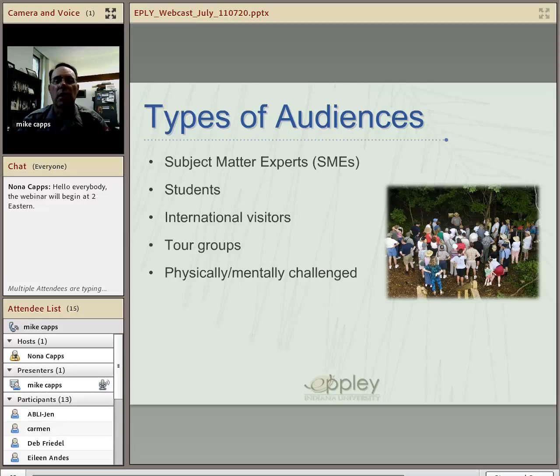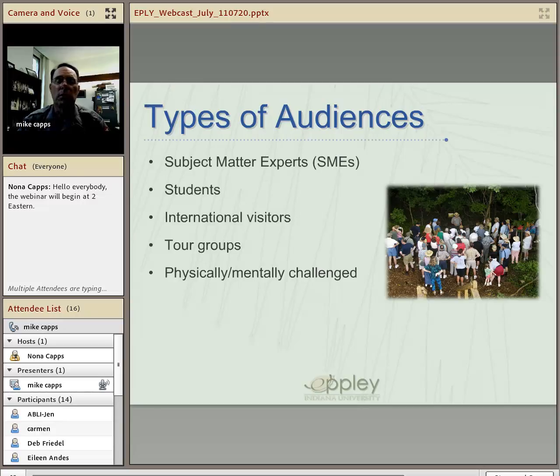Each of these types of audiences brings with it unique challenges and opportunities, and you want to consider the type of audience you're talking to, or that you're going to be talking to, before you do your program, because it will dictate to some degree what approach you take. Subject matter experts, for instance, you may be able to go into a whole lot more detail.